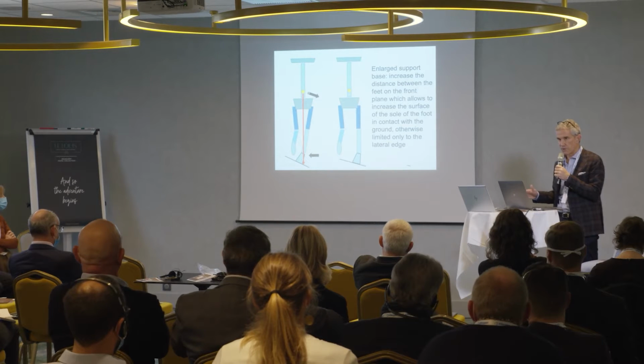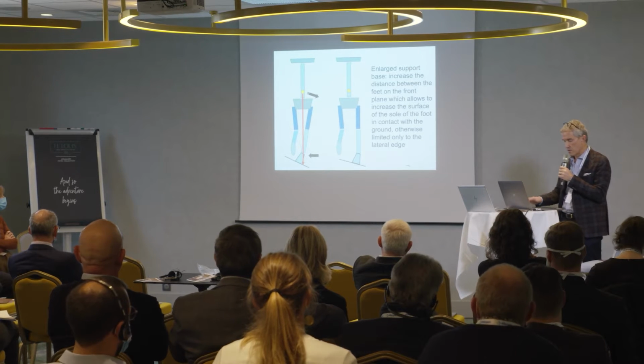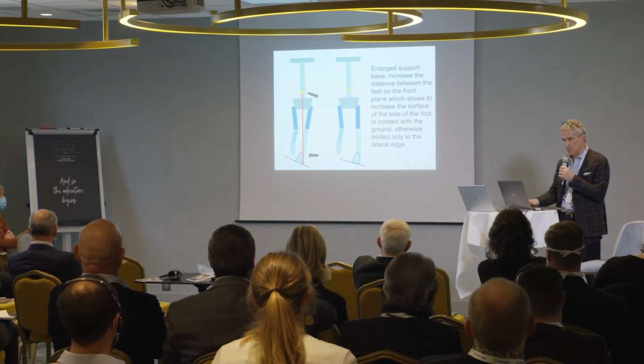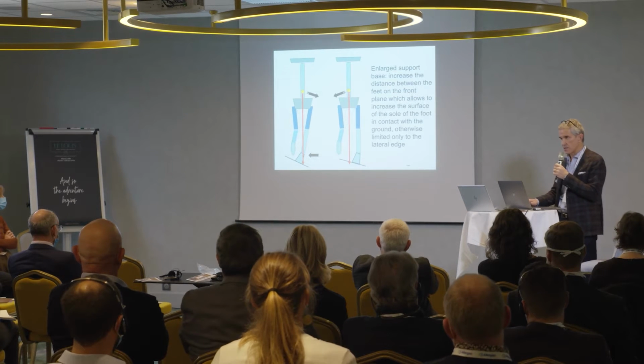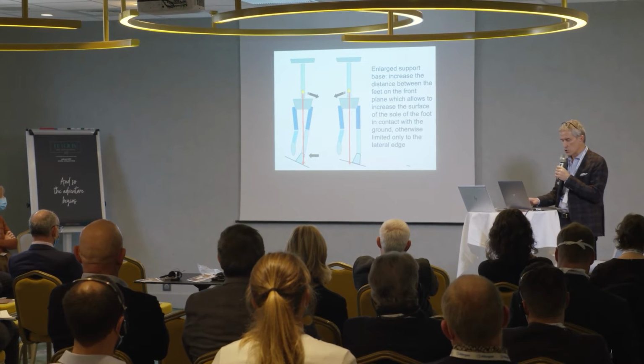So the first compensation is just to enlarge the base during the walking. Increase the distance between the feet on the front, which allows the patient to increase the surface of plantigrade correction of the foot. This is a first try to combine a new walk, a new position.